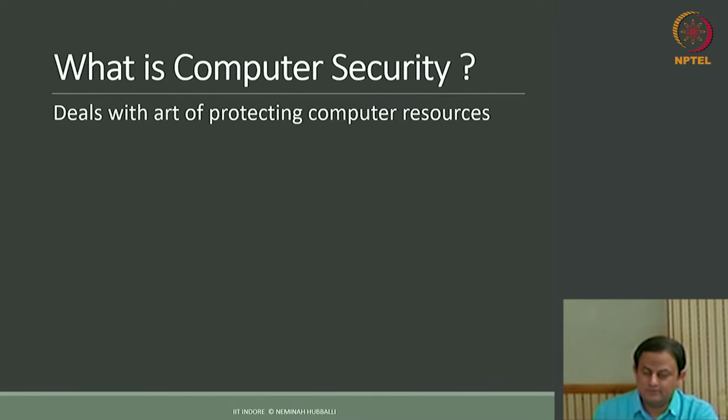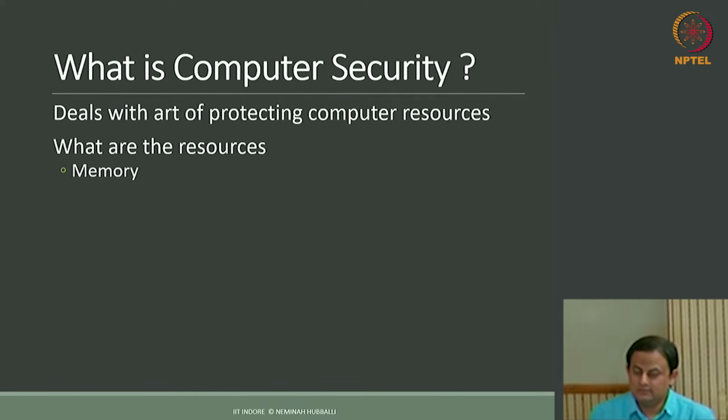Computer security is all about protecting the computing resources. There are some resources in the computer. So what are those resources? There are three kinds of resources. One is the memory. Every computer has some sort of memory, and we are talking about protecting that memory. The second is computing power. Every computer has the CPU, the machine power.